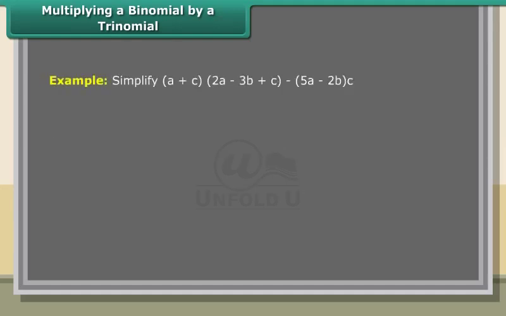Example, simplify (a plus c) into (2a minus 3b plus c) minus (5a minus 2b) into c.